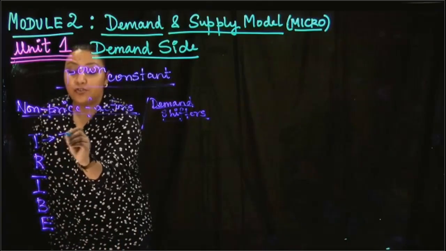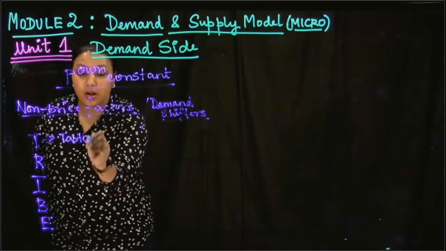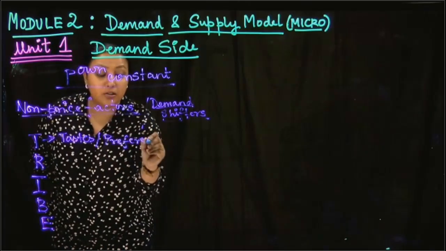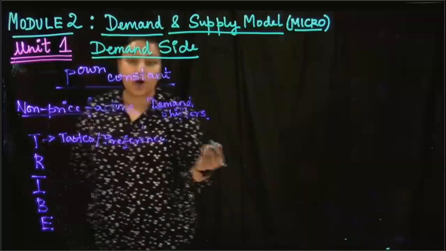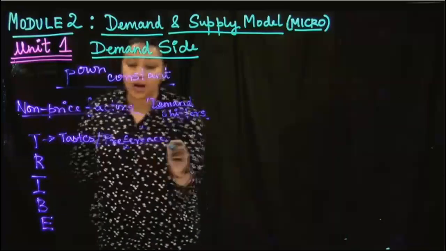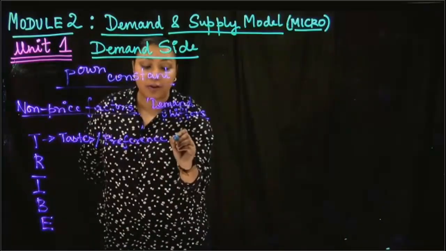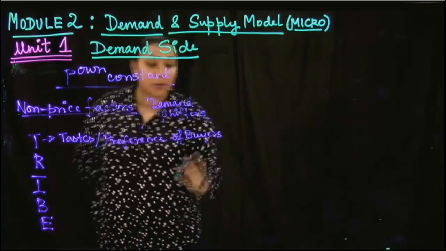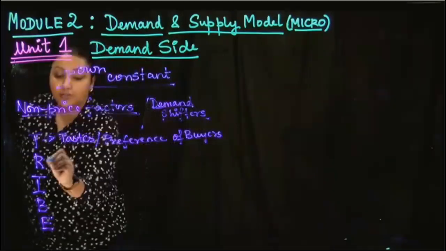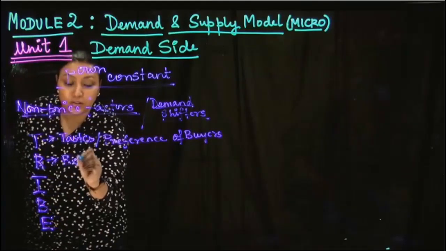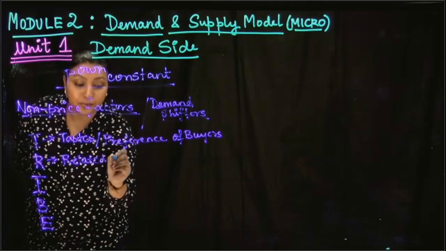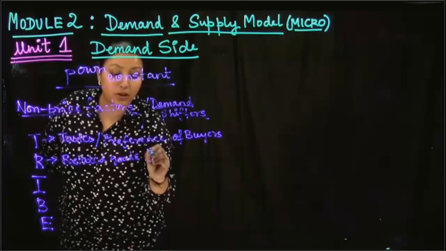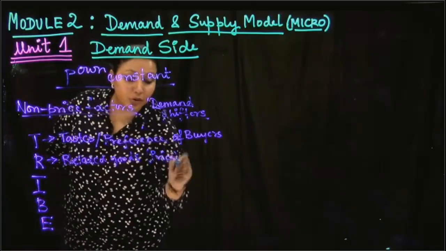Now T stands for the taste or preference. Since we are on the demand side, obviously we are worried about buyers, so we are talking about the tastes and preferences of buyers or consumers. R stands for related goods, and we are specifically talking about the price of the related goods.